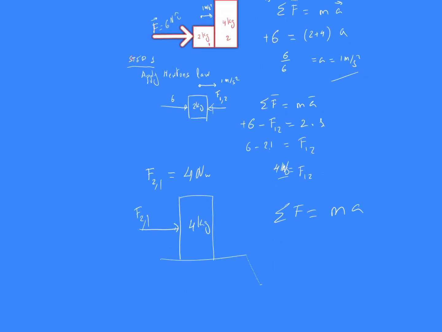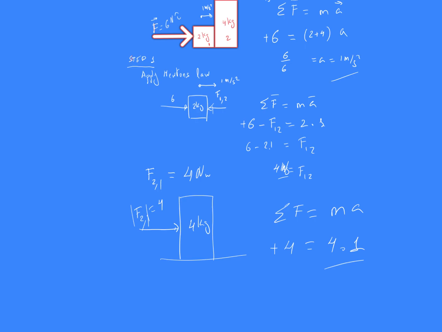The sum of all the forces is 4 going to the right, equal to the mass 4 times the acceleration 1. So it's correct what I'm doing. So the magnitude of F21 is equal to 4 going to the right.